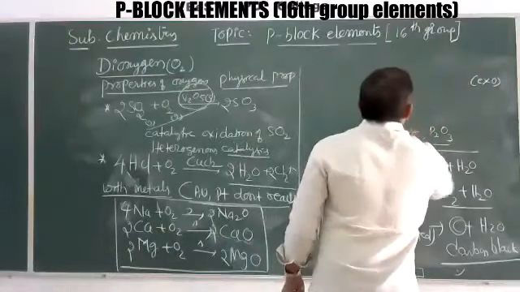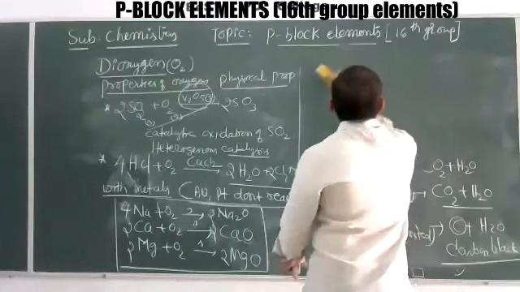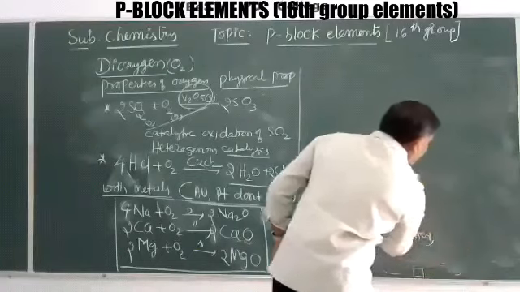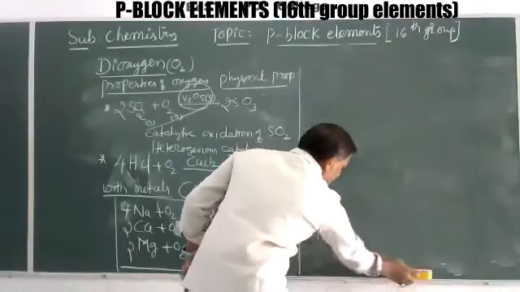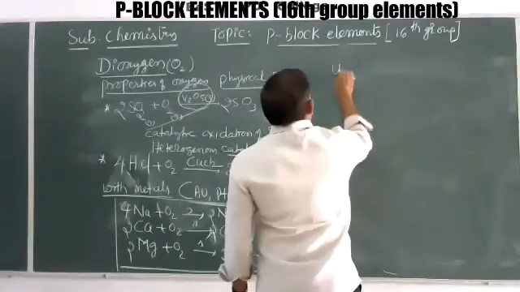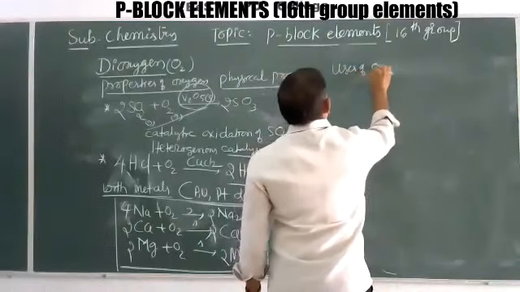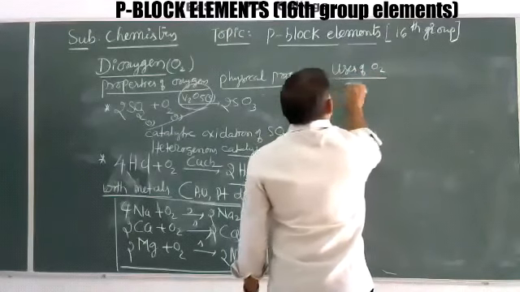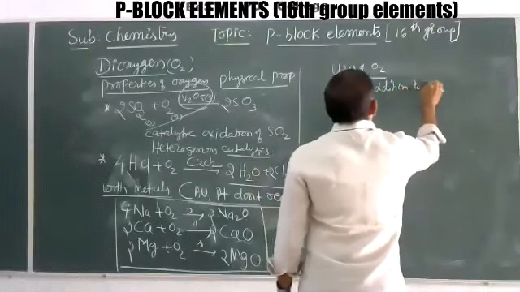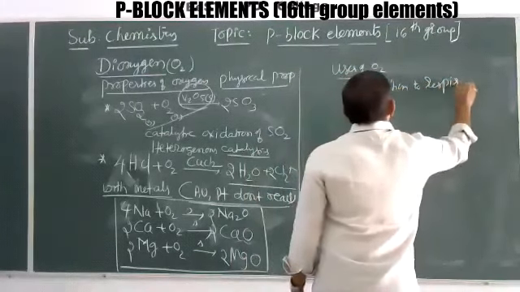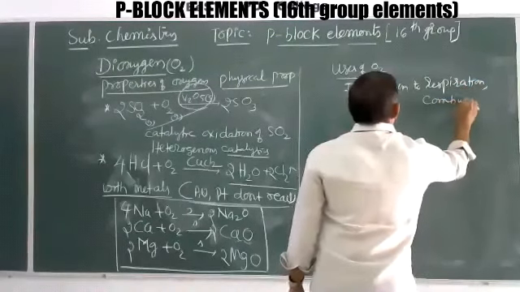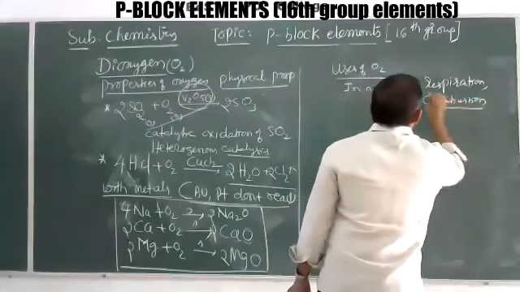Then uses of oxygen, very important, regular uses. Without this gas, we can't survive; it is biologically very important. These are the uses of dioxygen, O2. In addition to respiration and combustion, thermal combustion reactions, these are common anywhere.